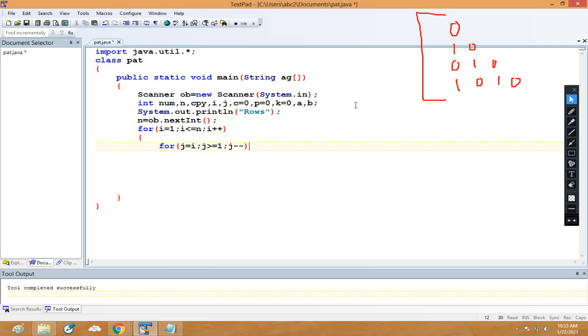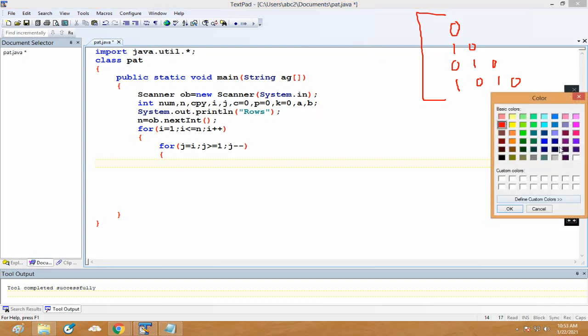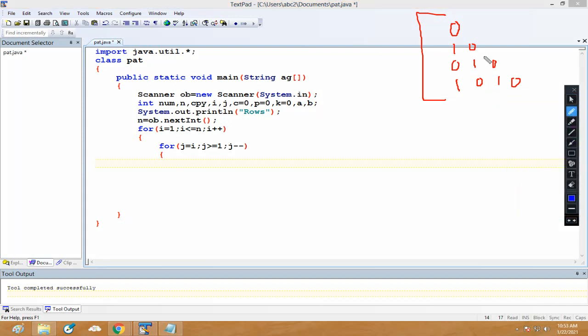Now Sarthak, please pay attention here. The logic we are going to implement is this: 1 to 1 means the first time the printing is happening only once. The second time it is 2 and 1, so two times.